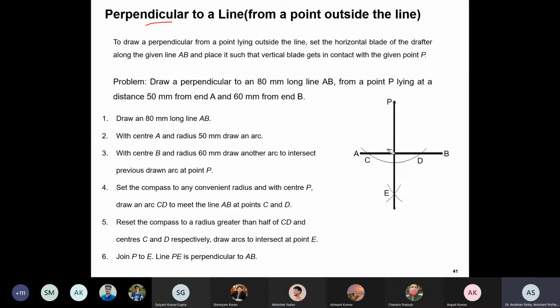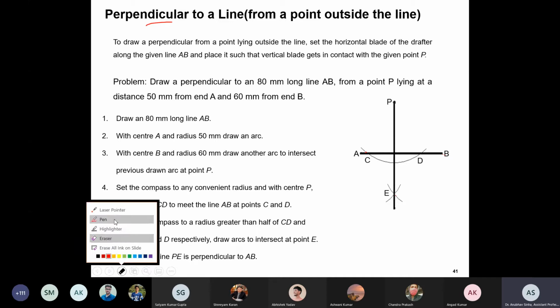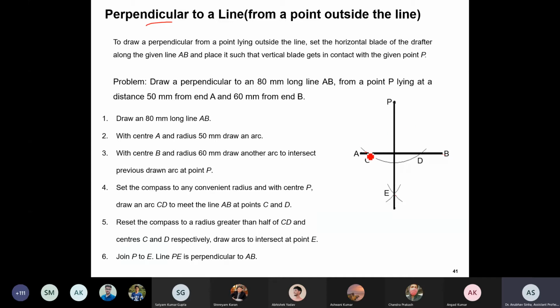Generally when we create a perpendicular we take equal distance, but you are correct. You can take 50 mm, draw here, and from point B take 60 mm and draw here and here. That is one more method, a simpler method actually.